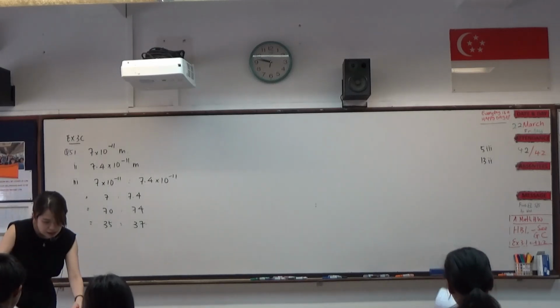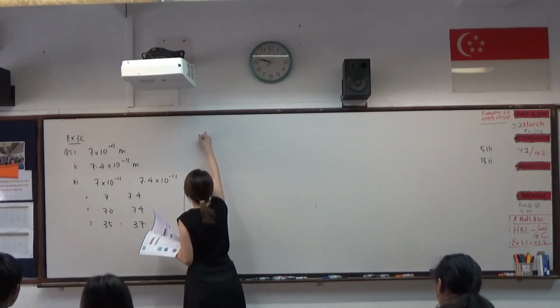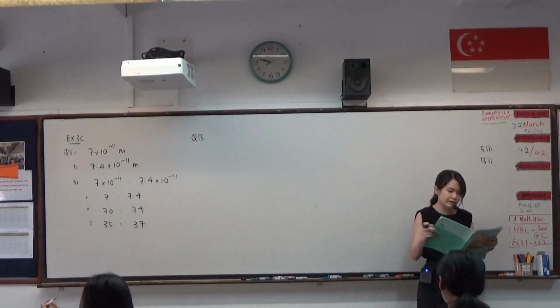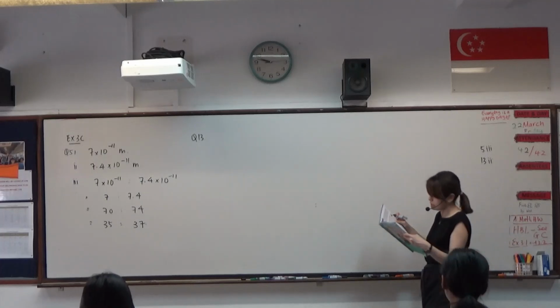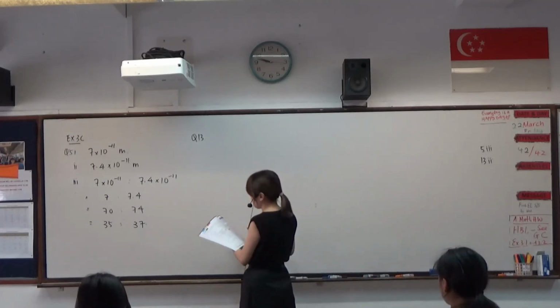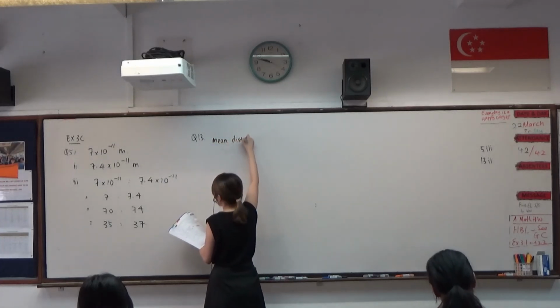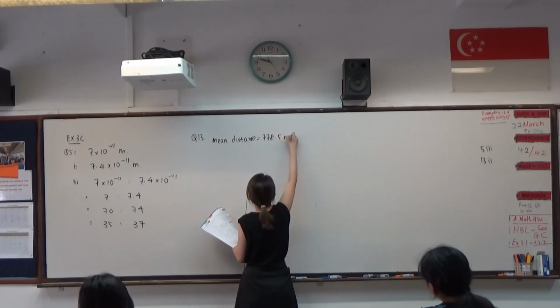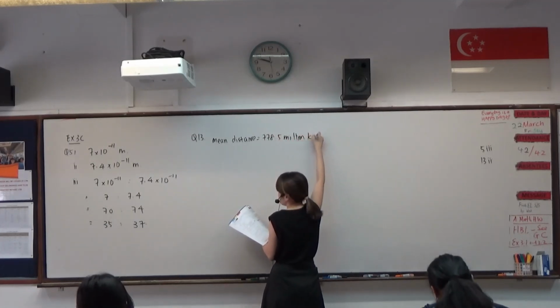Okay. Then looking at question 13. It says that light travels at a certain speed, expressed in standard form, given that the mean distance from the Sun to Jupiter, mean distance is 778.5 million km.